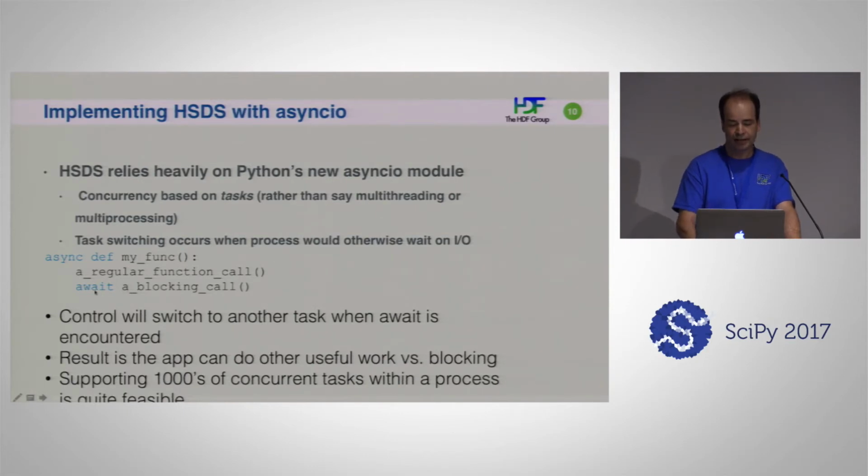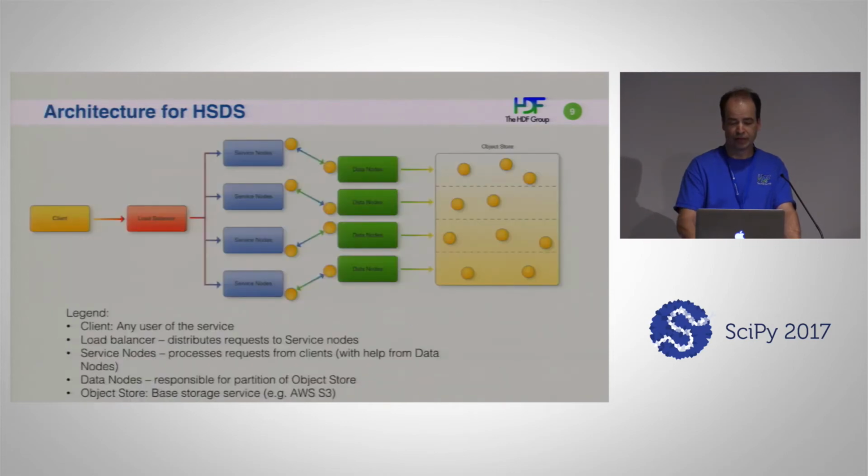So I say await, a blocking call. Right then, the process can switch to a different task, so it's not blocked waiting for the response to that I/O. This is really useful if you think about the different levels of I/O latency we have. The service node needs to talk to data nodes, and data nodes need to talk to S3. Using async I/O, we can get a lot of work done with just one process per node.